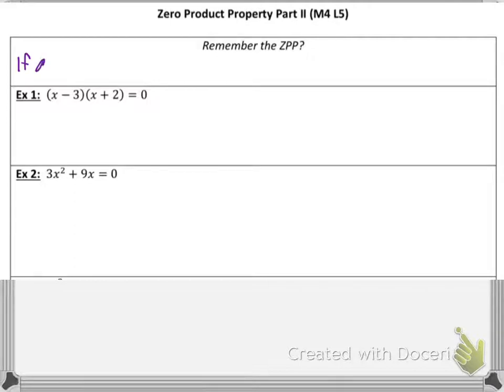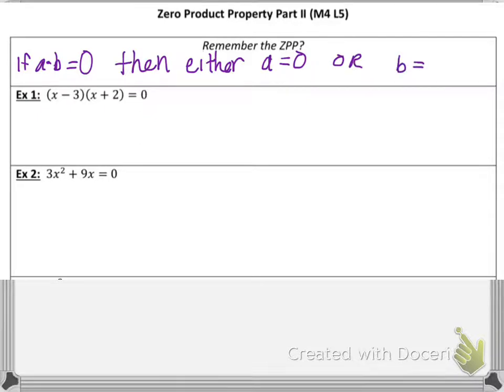It says if a times b equals 0, then you have two situations. Either a must equal 0 or b must equal 0, because they multiply together to make 0, so one of them must be 0.